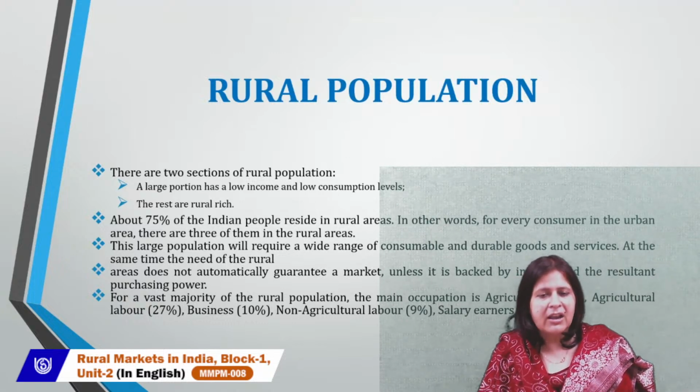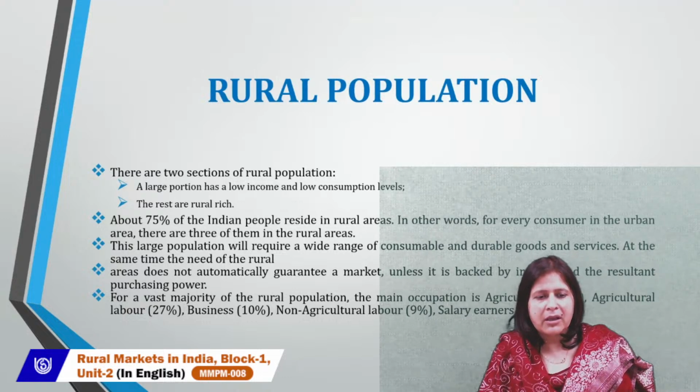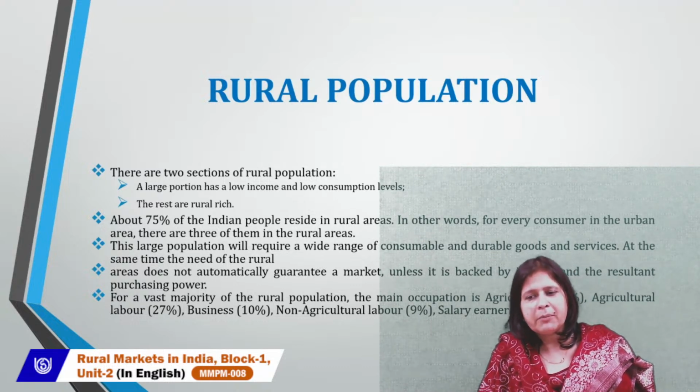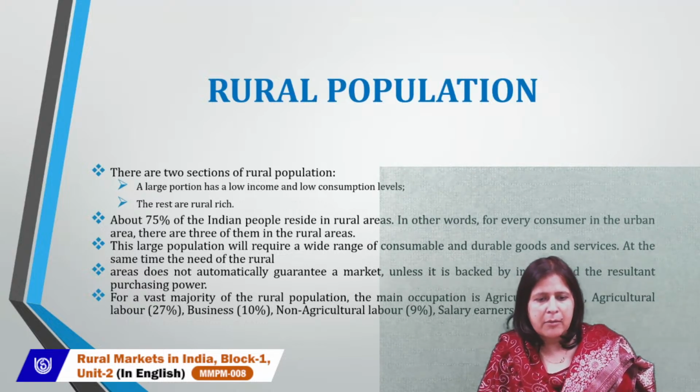Although 75% of the Indian population resides in the rural market, and they will require a wide range of consumables, durable goods and services, again, because of the low income, the demand could vary.